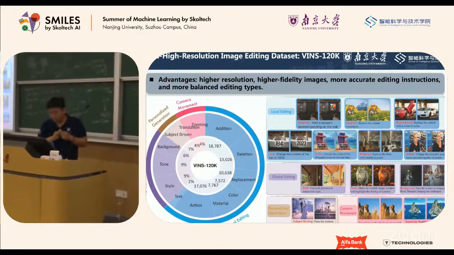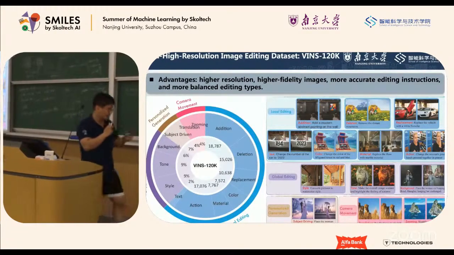The subtypes are addition, deletion, replacement, color, material, style, tone, text, and action. The right part is the example grid that shows the dataset balance matters, because a model should handle many kinds of edits rather than overfit to a few common operations like just addition or deletion.